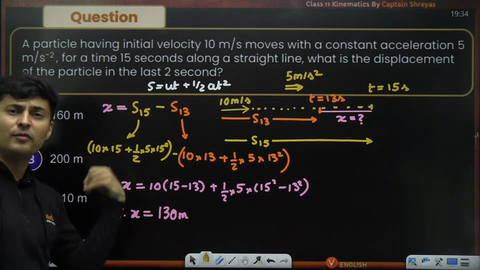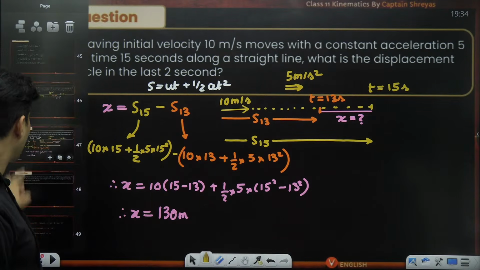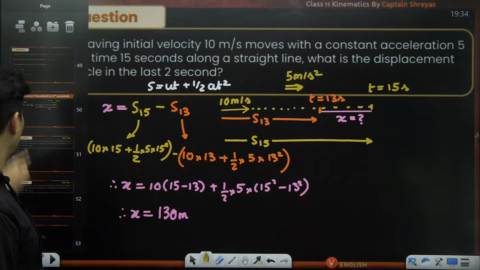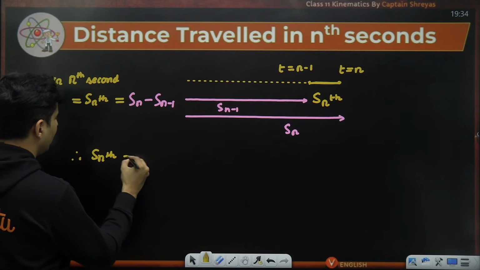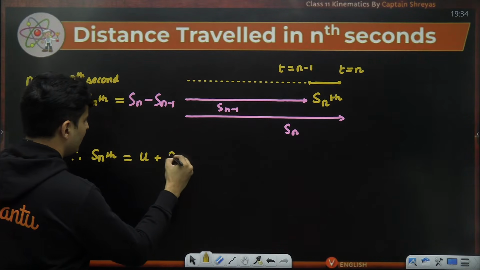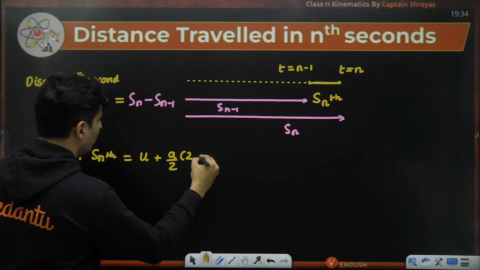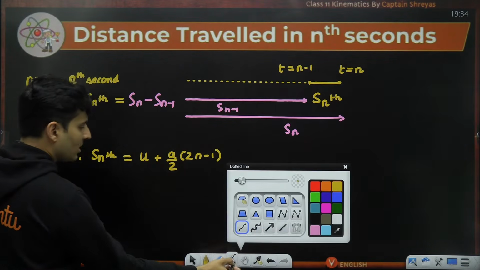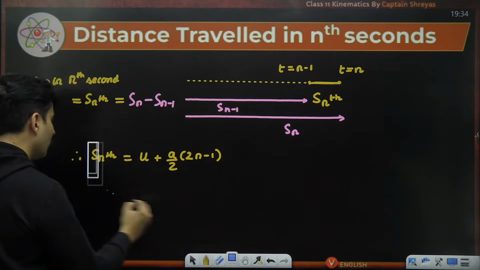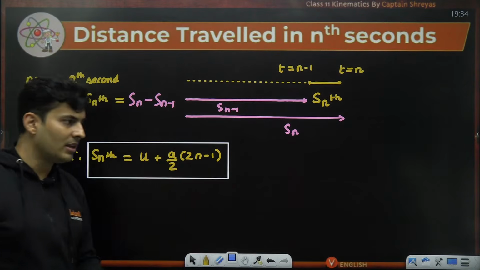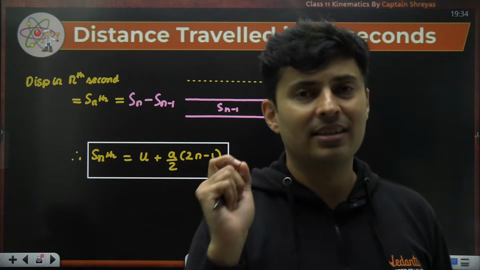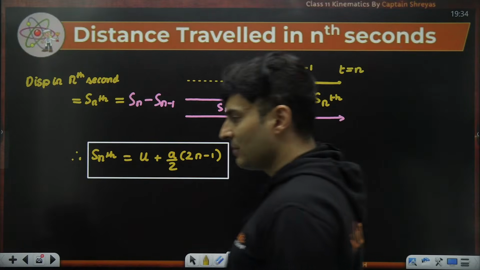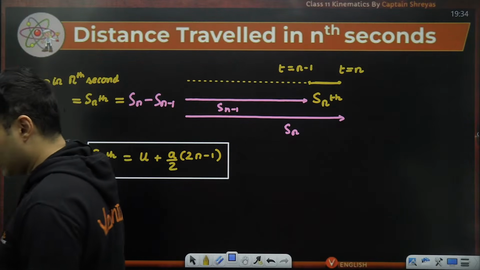So just imagine S15 minus S14. Okay, just 1 second before. If you do that, the answer that you get for displacement in nth second is u plus a by 2 into 2n minus 1. This is the formula that you need to remember. This is your fourth equation of kinematics. Displacement in the nth second.